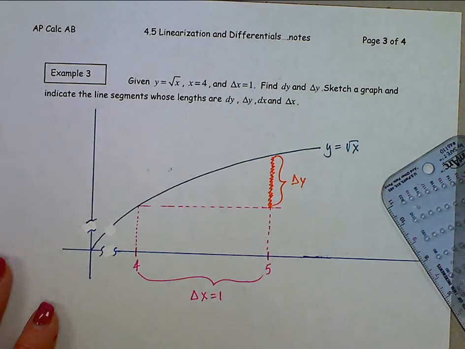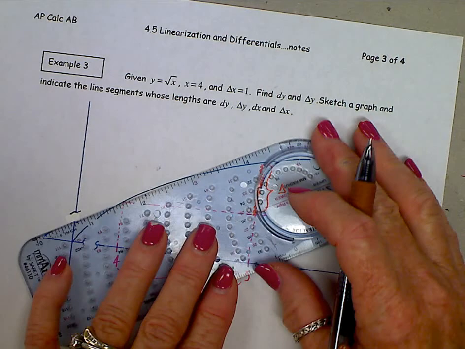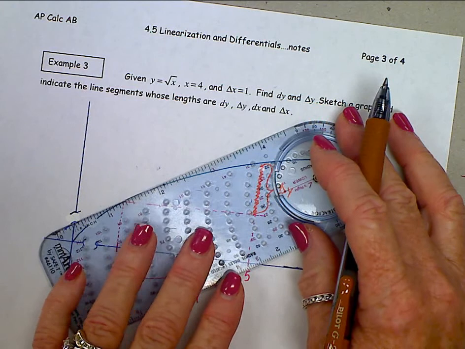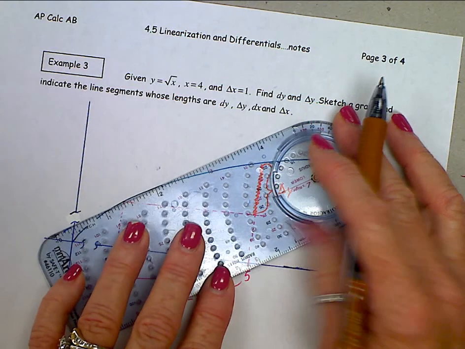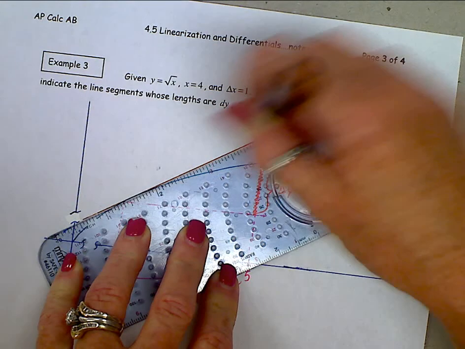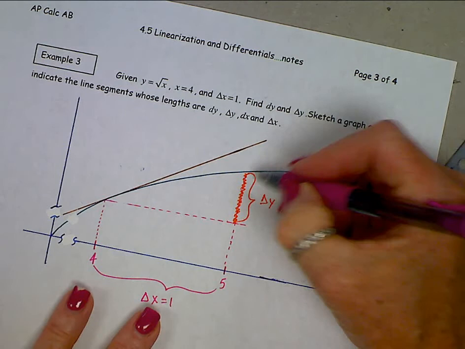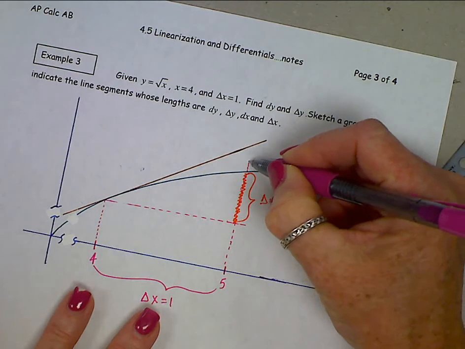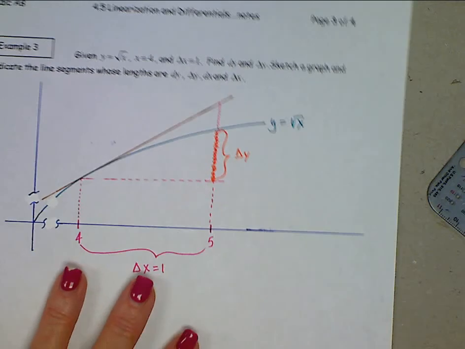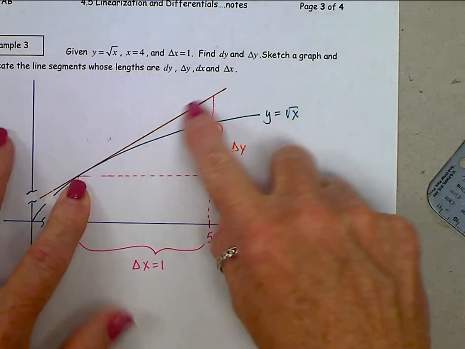Now draw in a tangent line from the original x value at 4. There's that tangent line. Go back, we're going to have to extend this vertical up. And now we want to look at how the y values change if we follow this brown tangent line.